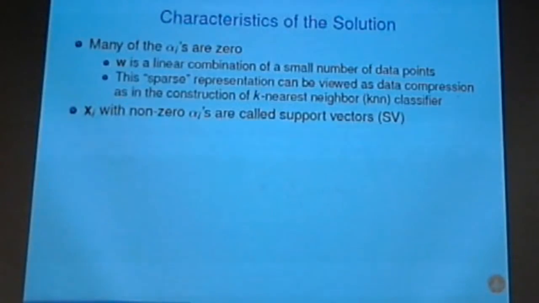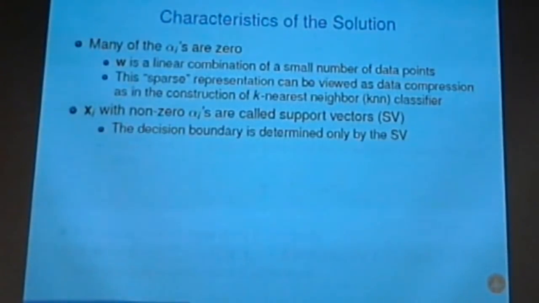The xi with non-zero alphas are called the support vectors, like the ones we saw in the linear case. Here, for this nonlinear case, there are 1, 2, 3, 4 points, so 4 support vectors. The decision boundary is determined only through the support vectors, nothing more.